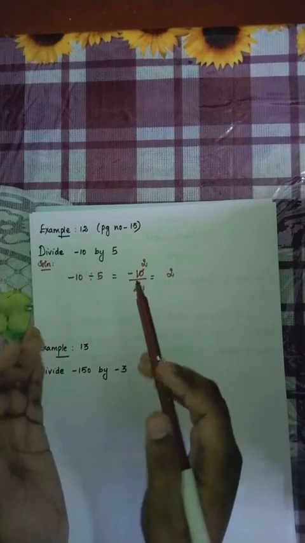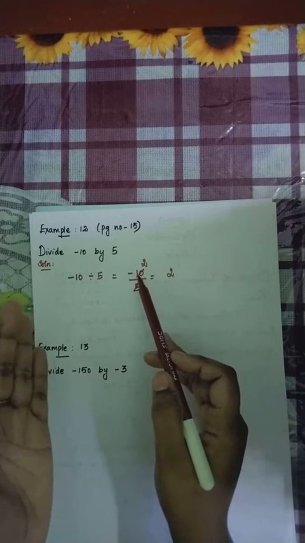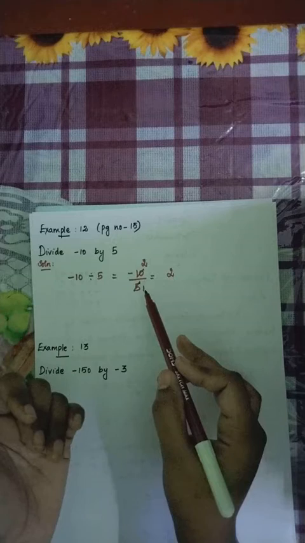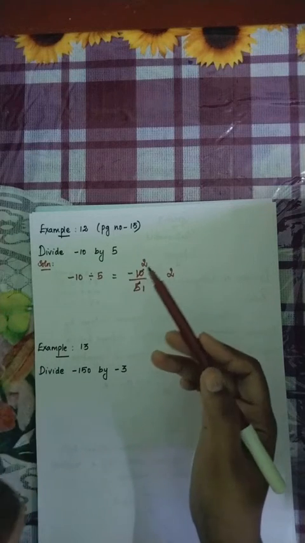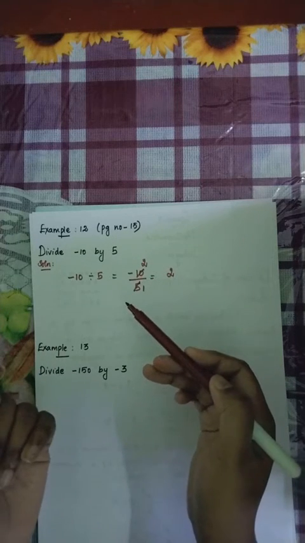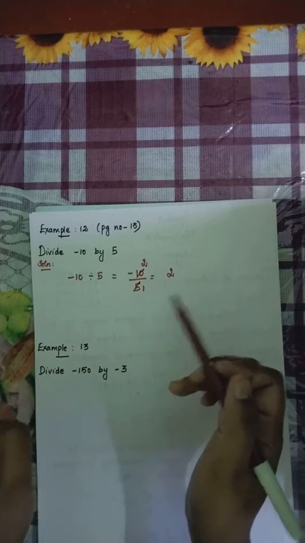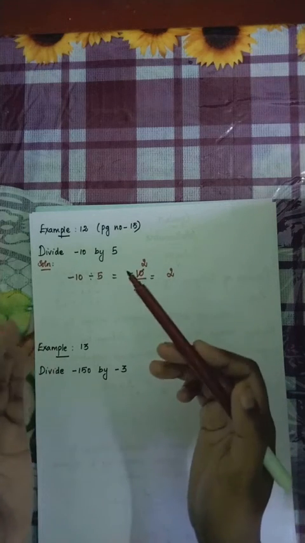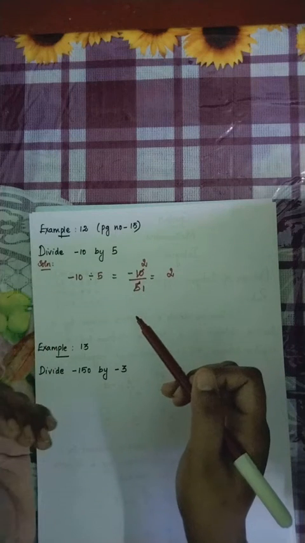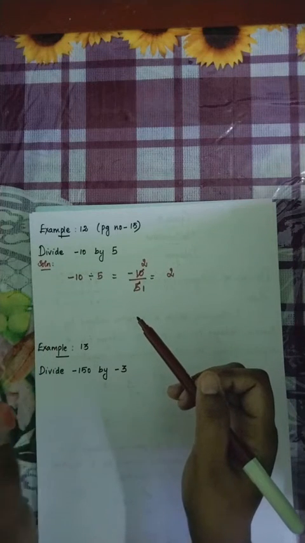Here, see, the numbers are a negative integer and a positive integer. When you are dividing a negative integer by a positive integer, is the final answer positive or negative? What is the first rule?